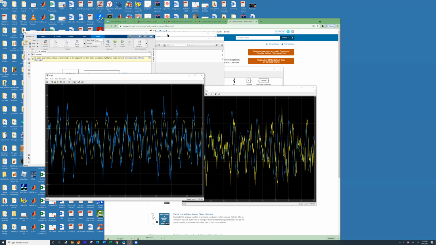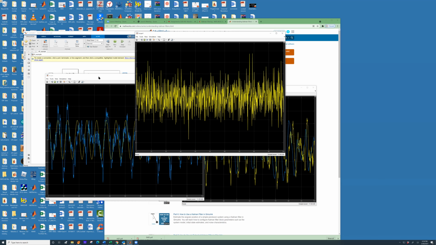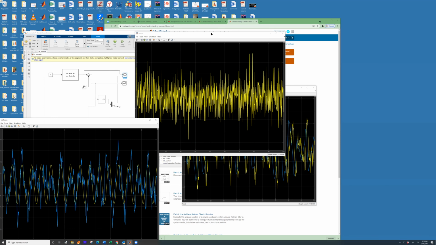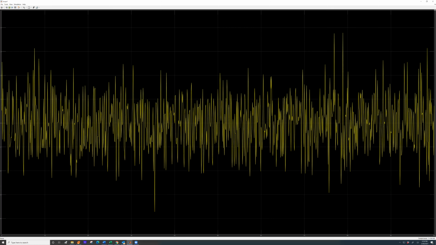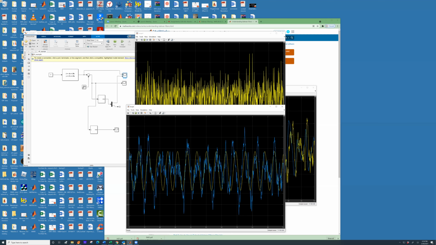So here is what is happening. If I were to use just the sensor measurement, this is what I get, and I can't figure out what is the true value. If I use a Kalman filter, it gives me a better estimate of the true value.